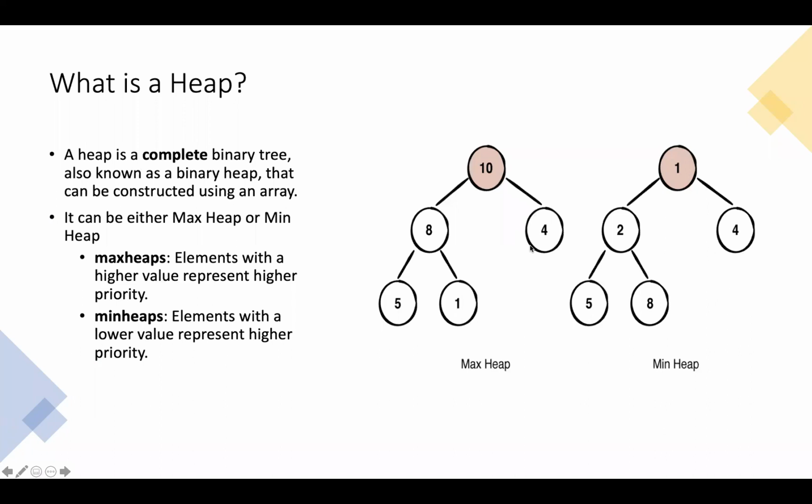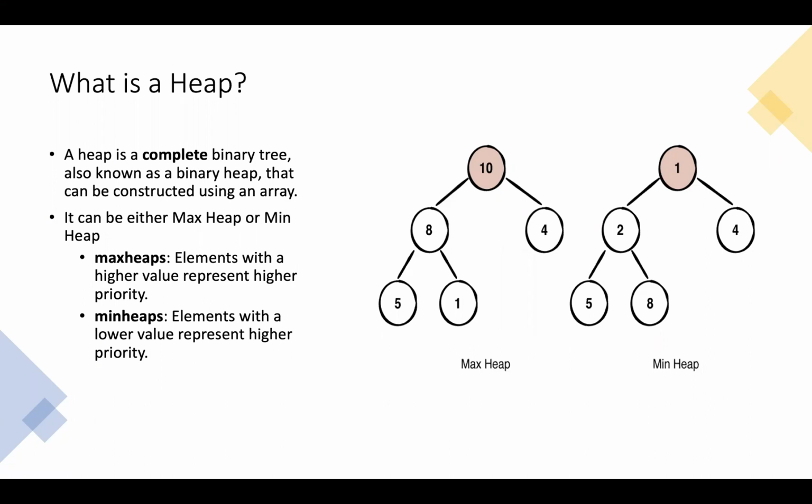That way this helps us to index and move left to find our left subtree and right subtree. So a heap has the property that it is a complete binary tree.